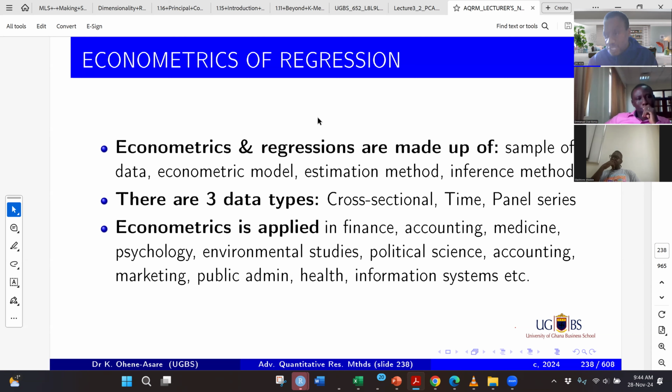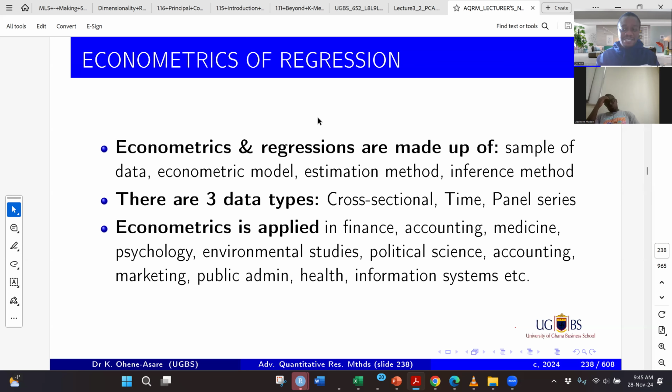Econometrics is now being used in public administration, health services management, marketing, information systems, political science, environmental analysis, energy economics, accounting, psychology, sociology, even classics and medicine. So if econometrics is being used there, how much more in finance, operations, accounting, economics, and statistics? That is why you want to appreciate it.